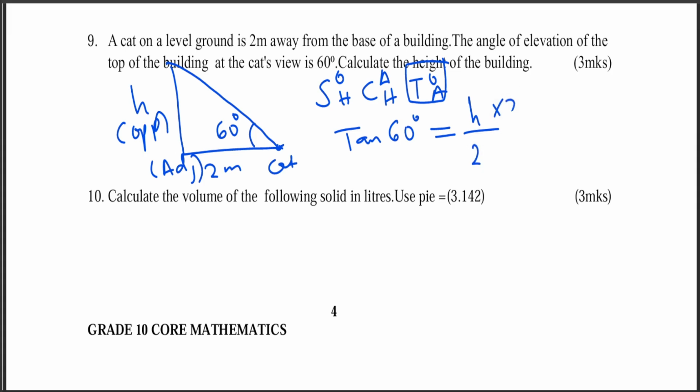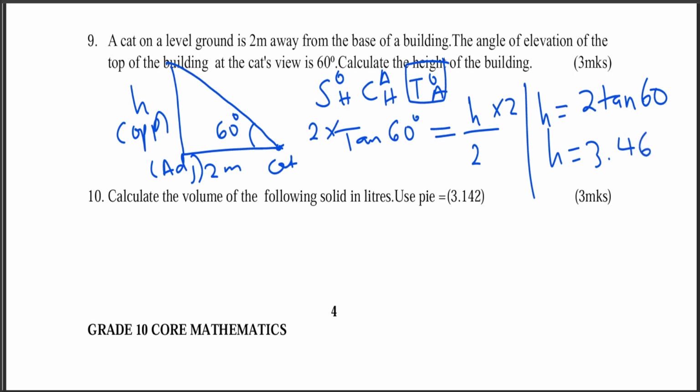So remove the 2 by multiplying 2 here, multiply 2 here, and therefore height is equal to 2 tan 60. 2 tan 60 is going to be 3.464 meters.